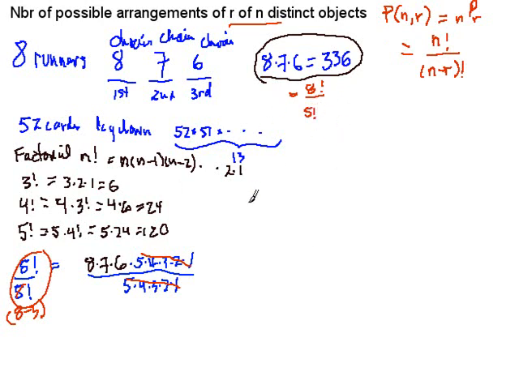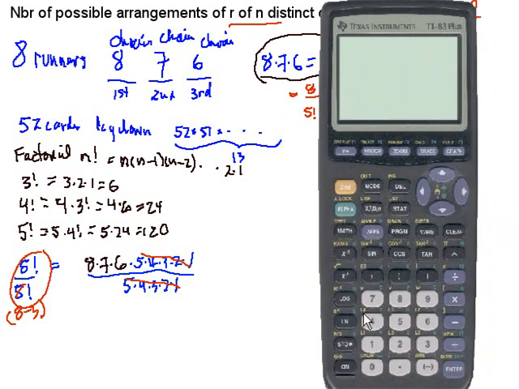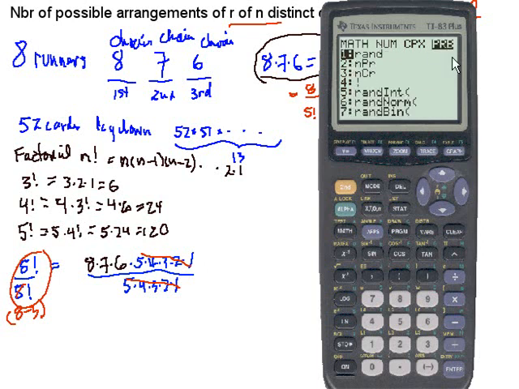Now, we can calculate these things using a calculator. So let's go off and get a calculator here. All right. Now, let's see what we do here. We can go to math, and it's listed under probability, which you can get to by going to the left one item. And then there it is, number 2, nPr. So we can select that. And, well, unfortunately, I forgot.